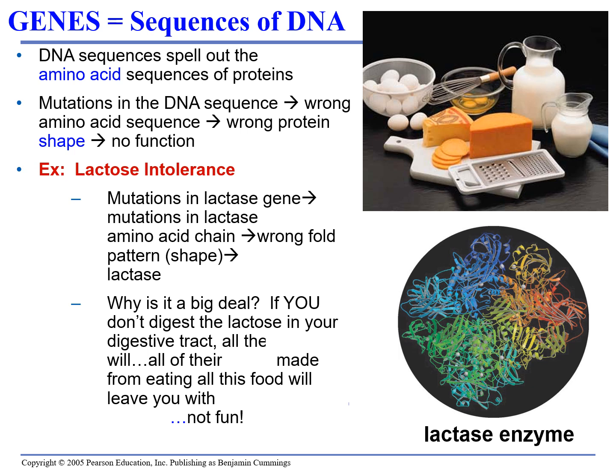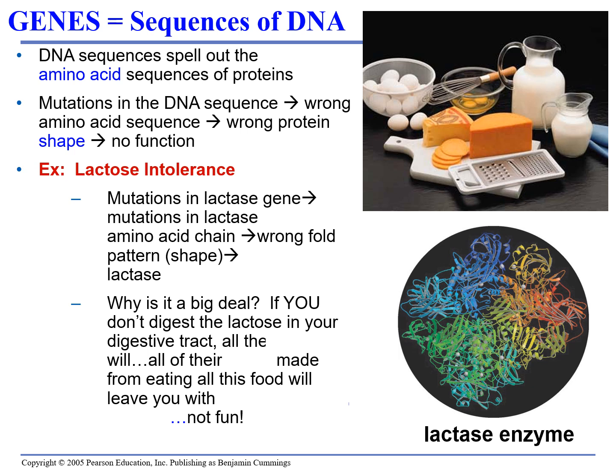Your DNA tells your body what amino acid sequence to put together, and your amino acid sequence tells you what protein shape you need. So if you have the wrong DNA sequence, it would result in the wrong amino acid sequence, then the wrong protein shape, and then there's going to be no function.